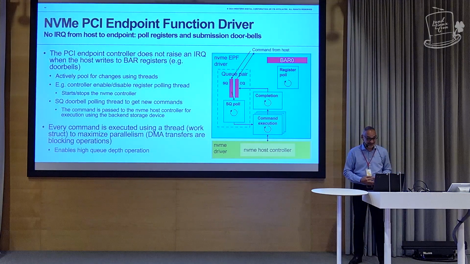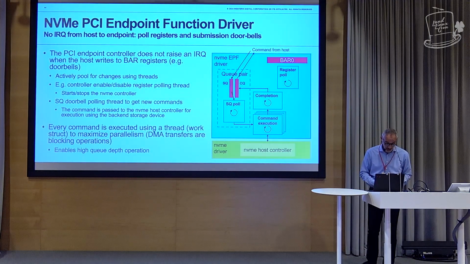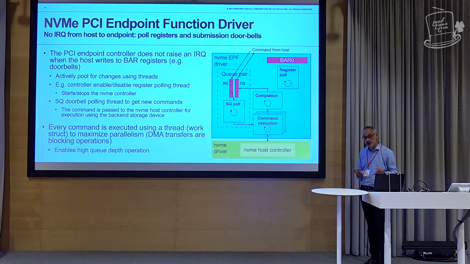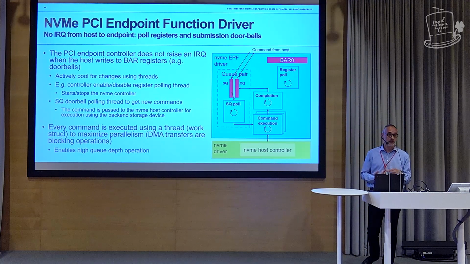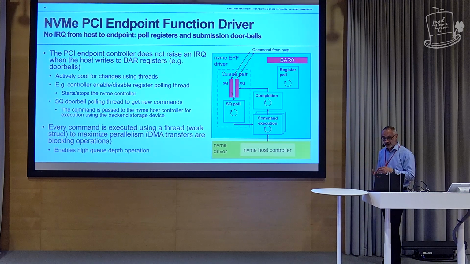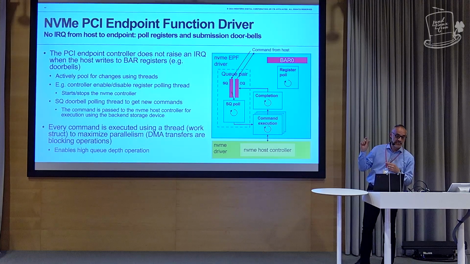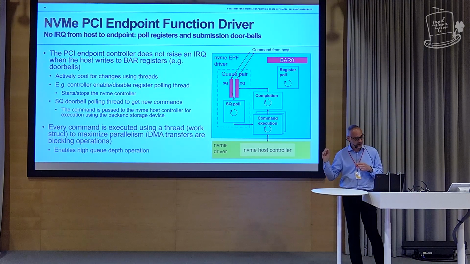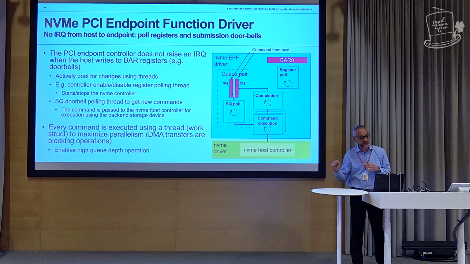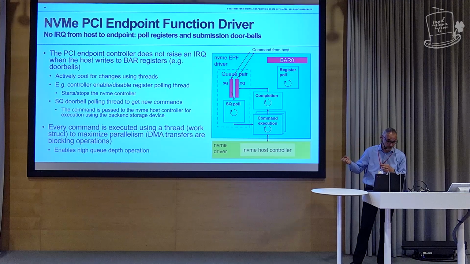The other kind of annoying thing with the endpoint infrastructure and endpoint controller in general is that you do not get an IRQ when the host writes something to a BAR. So in the case of NVMe, the head and tail doorbells for the submission and completion queues are in the BARs.